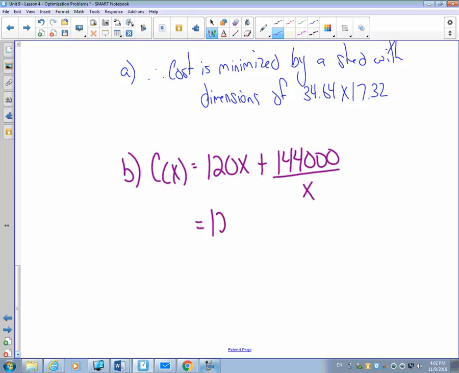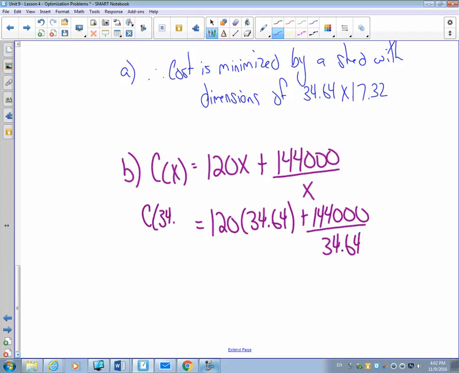What's x? The x that minimized was when x was 34.64. So if I put that in for x in both spots, I can figure out my cost at 34.64. Punch it all into your calculator. If you did it right, you should get approximately $8,304.